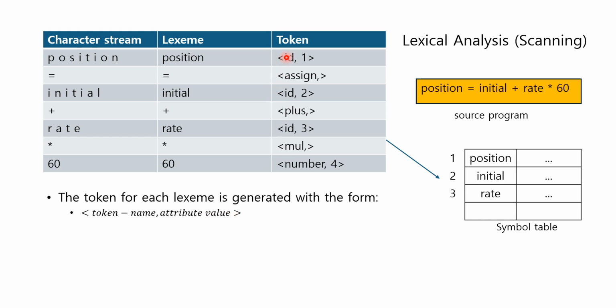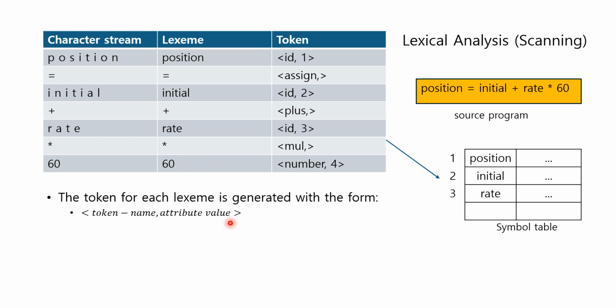ID is the abstract symbol for identifier, and for the equals symbol we have assign as the token name, and plus for the plus symbol, and ID identifier for the lexeme rate, and number for the constant 60.